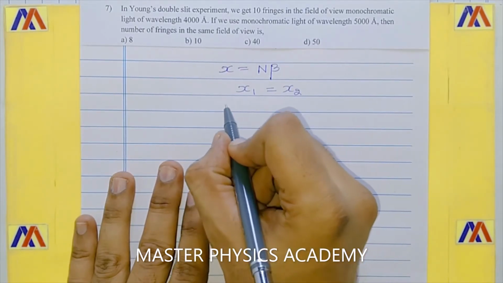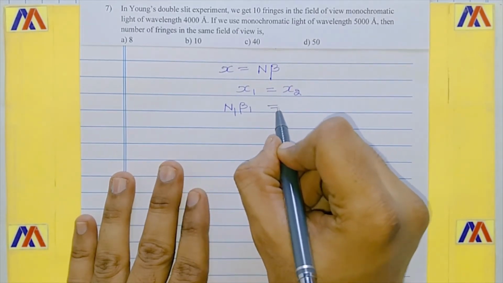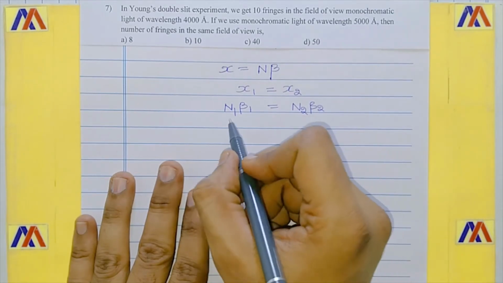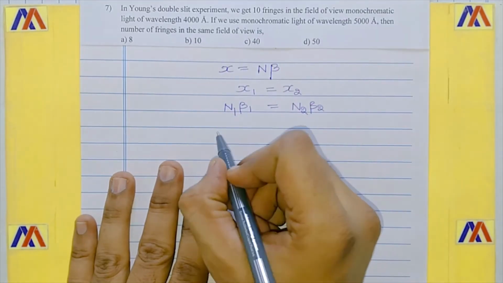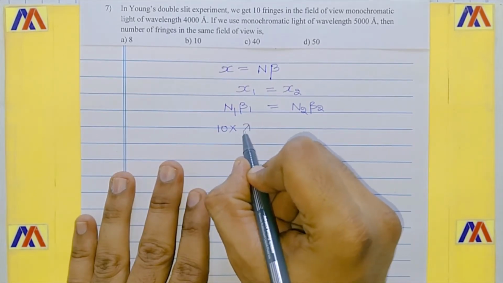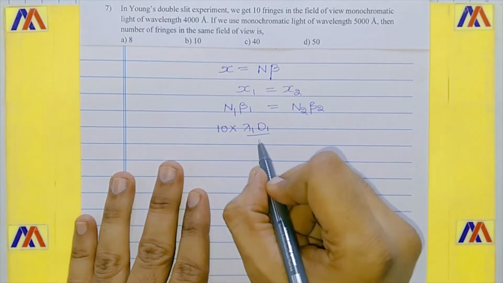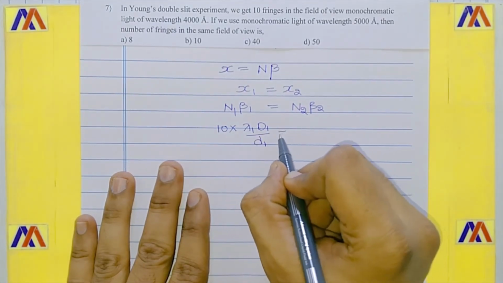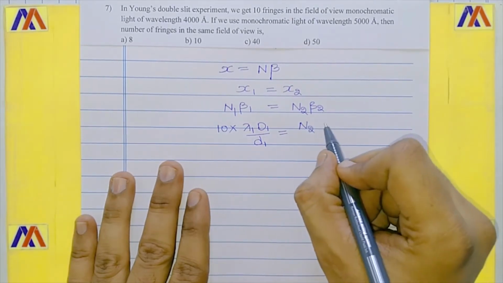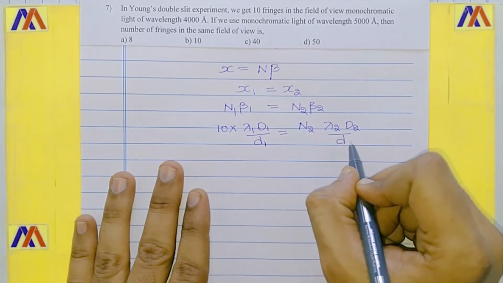For the first case it is n1 beta 1, and for the second case it is n2 beta 2. n1 is given as 10, beta 1 is lambda 1 D1 divided by d1, which is equal to n2, which we need to evaluate, times beta 2, which is lambda 2 D2 divided by d2.